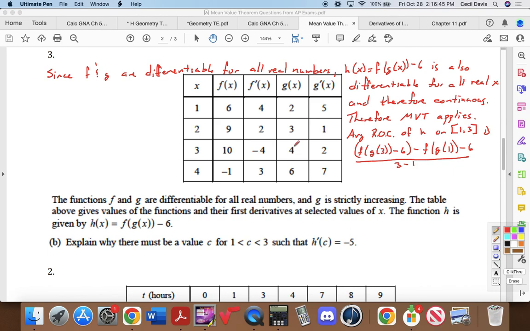Well, let's see. g of 3 is 4, so this is going to be f of 4. Oh, and notice I've got minus 6 minus negative 6. That's going to drop out. So it'll be f of 4 minus f at g of 1, which is 2, so that'll be f at 2, all over 2.